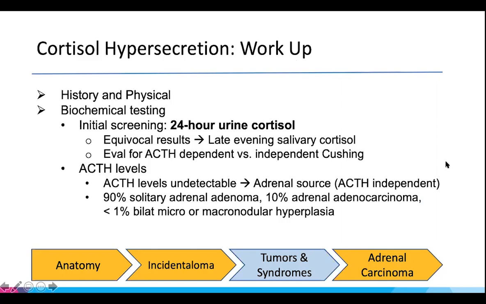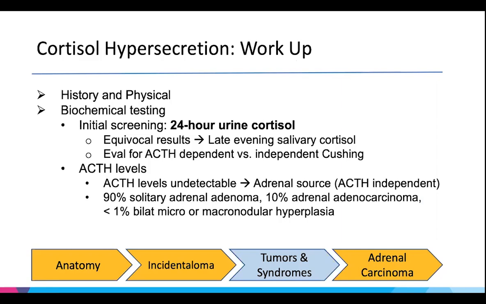So for the cortisol hypersecretion workup, history and physical is obviously going to be the first step. As we saw with Cushing syndrome on the last slide, this is a really important way to identify it right from the jump.